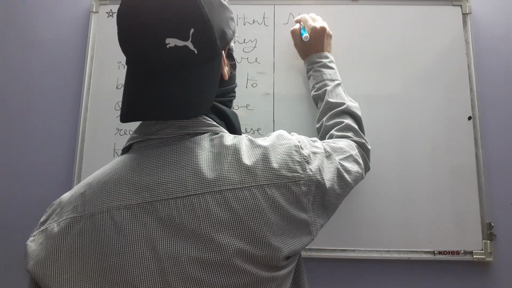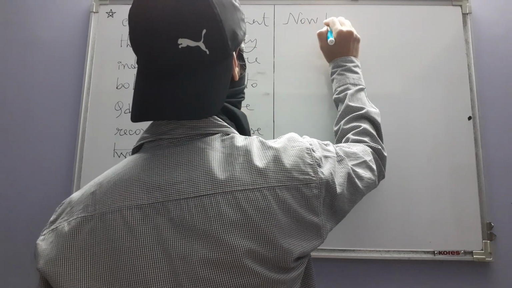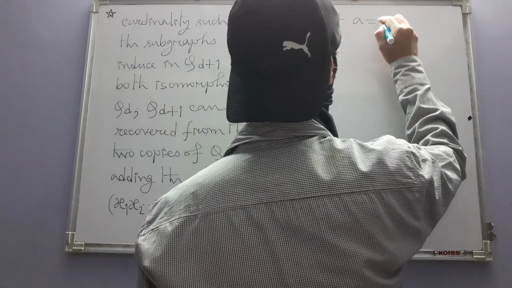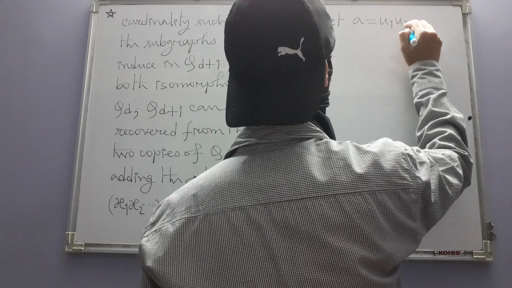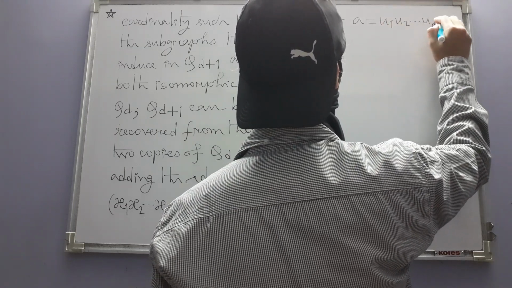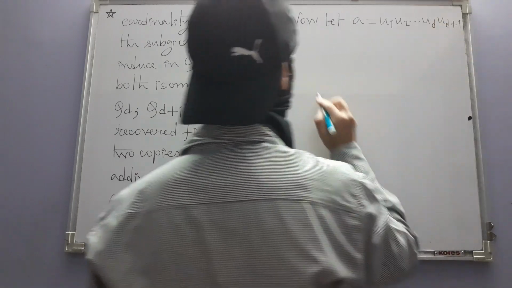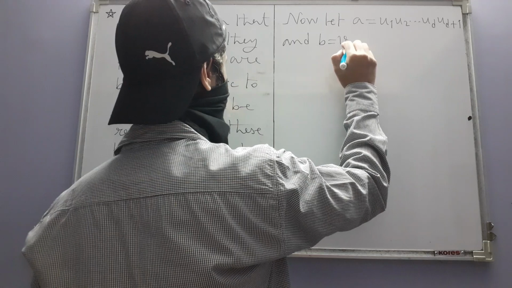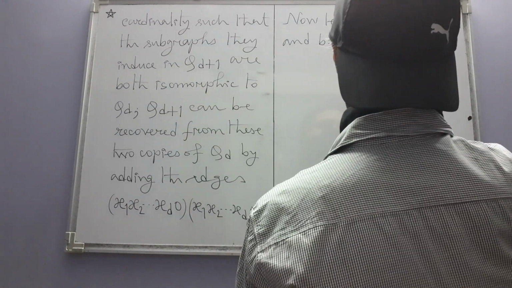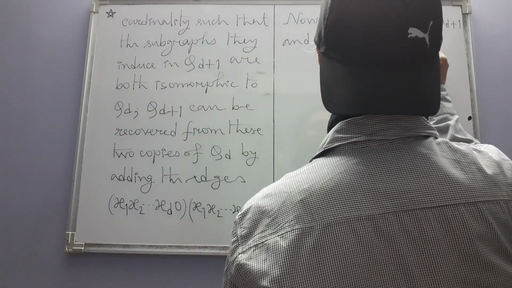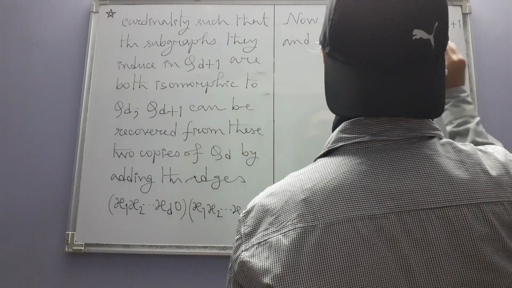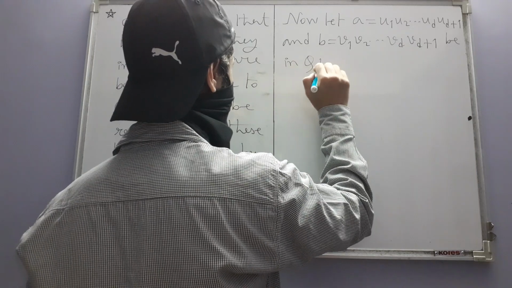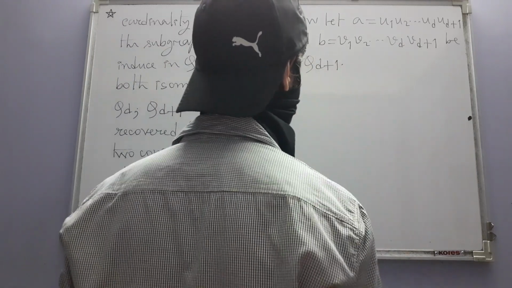Now let A equal to U1, U2, UD plus 1 and B equal to V1, V2, VD plus 1, both in QD plus 1.